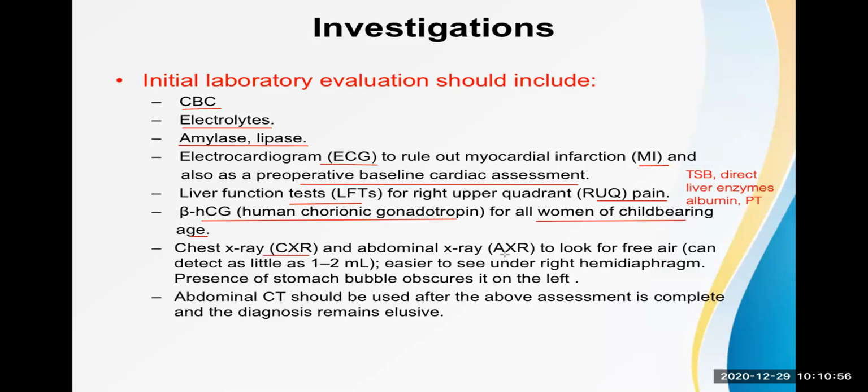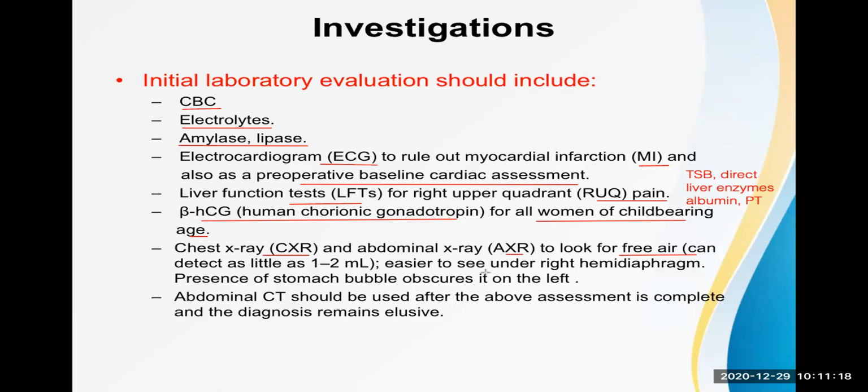Chest X-ray and abdominal X-ray are done to look for free air under the diaphragm. This is also known as pneumoperitoneum. Pneumo is the term we use for air. If free air is present in the peritoneal cavity, this is called pneumoperitoneum.